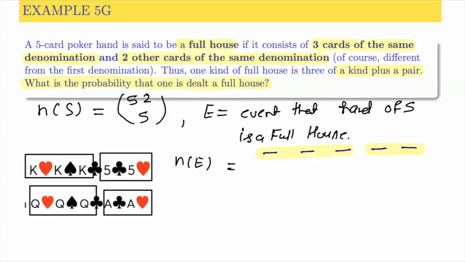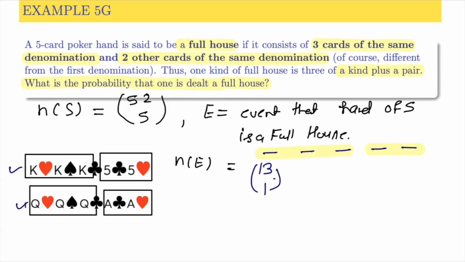You know that you have denominations ace, 2, 3, 4 up to 10, then jack, queen, king. So there are 13 denominations you have. And for the first 3 places, I need only one denomination. So out of 13, let me choose one denomination, like king here or queen here.